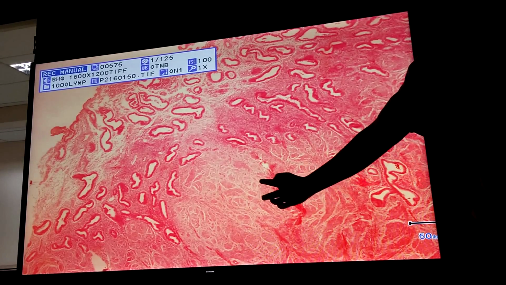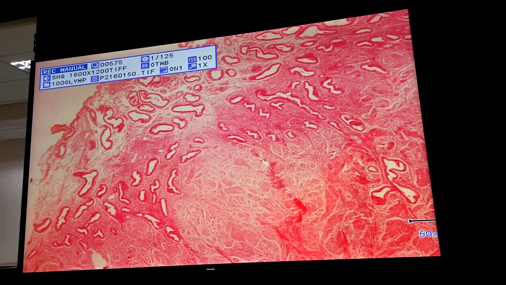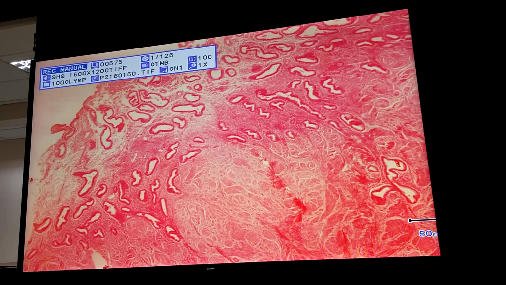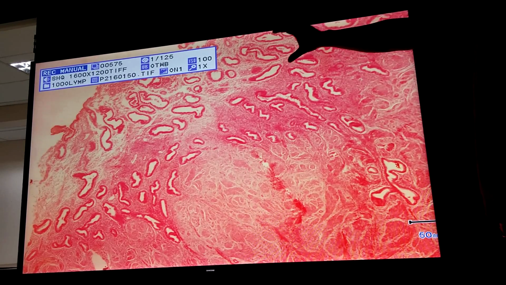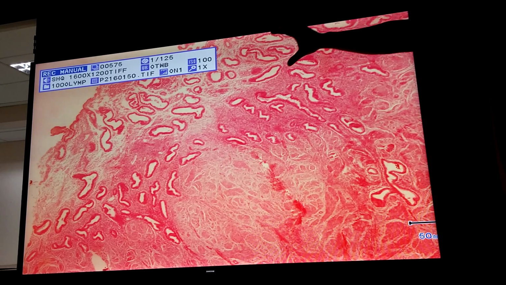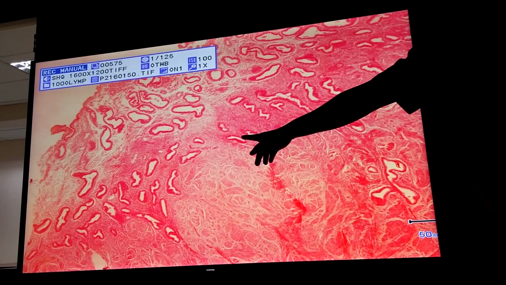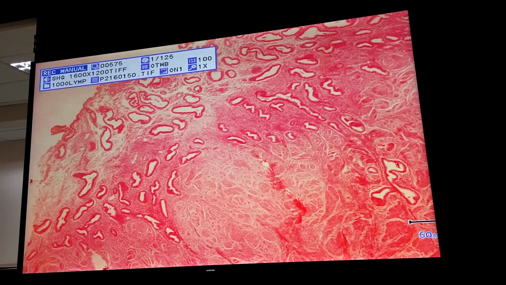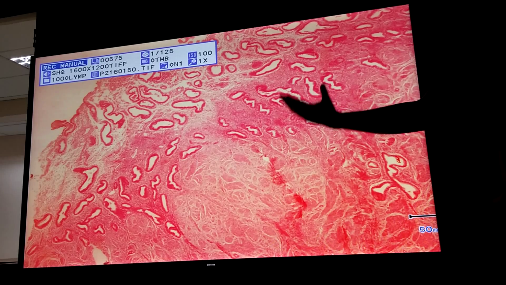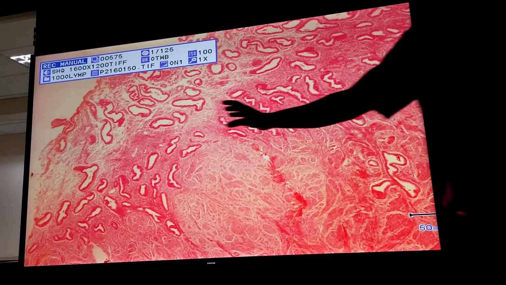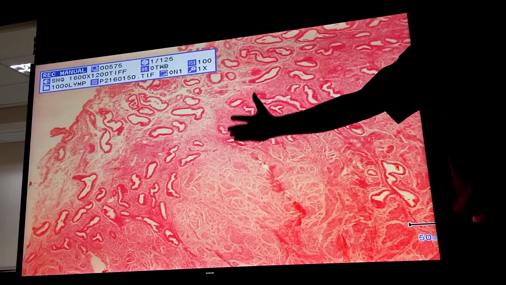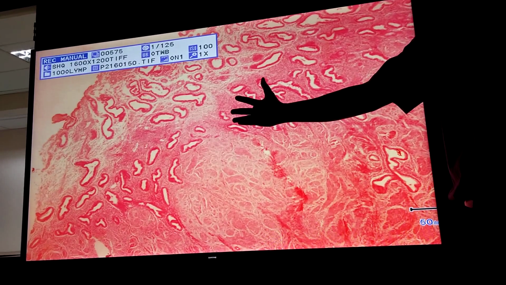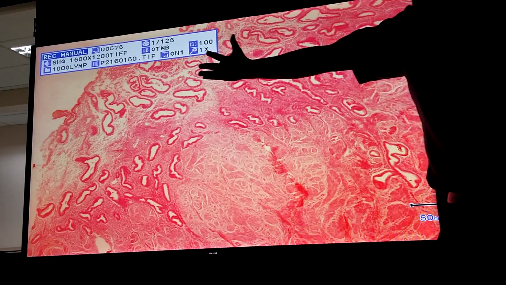Okay, and then this muscular layer is called the myometrium. Okay, so this is the appearance of the endometrial glands during secretory phase. This is the appearance of the endometrial glands during proliferative phase, which is always the activity of the basalis. It will always be in proliferative phase because it will not respond to progesterone.